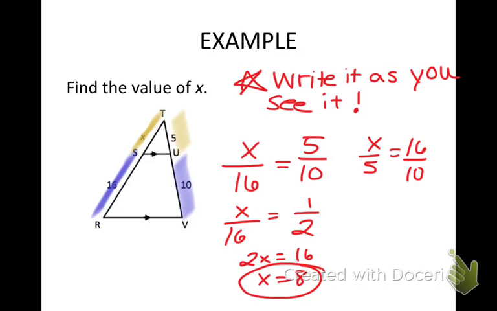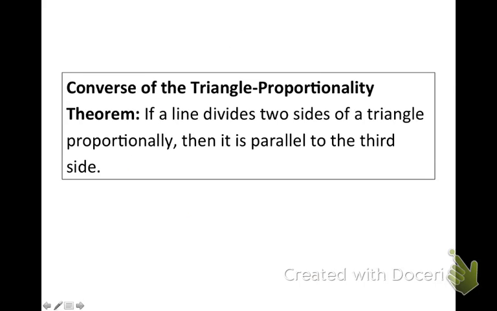Okay, so make sure you do not do this over this and then this over this. Don't mix it up. All right, so now the converse of the theorem of triangle proportionality states the following. Please jot this down.